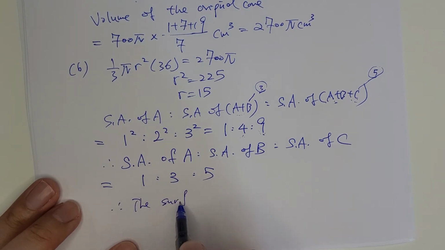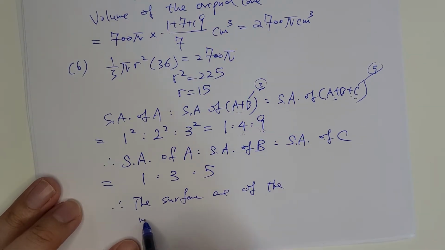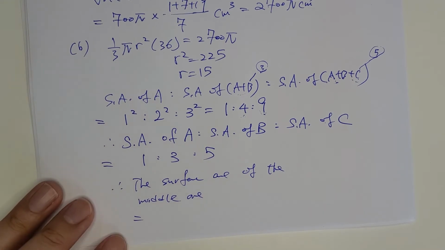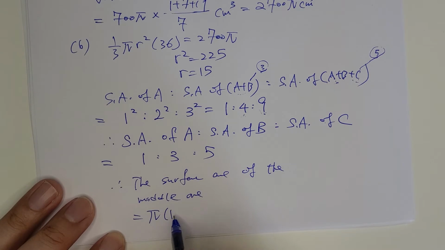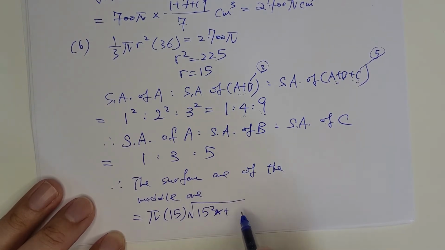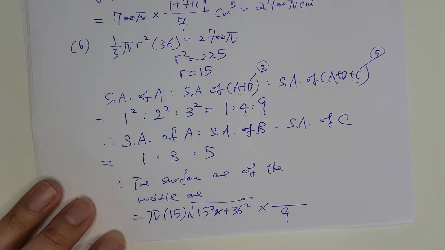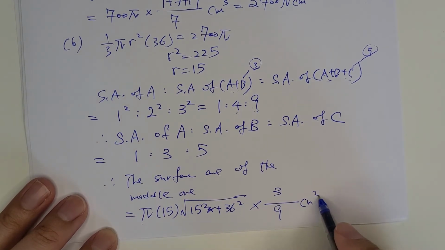So the surface area of the middle one, you find the curved surface area of the whole cone, pi r l. The square root of 15 squared plus 36 squared, that's for the curved surface area of the whole cone, divided by 9, and then multiplied by this 3 cm squared.